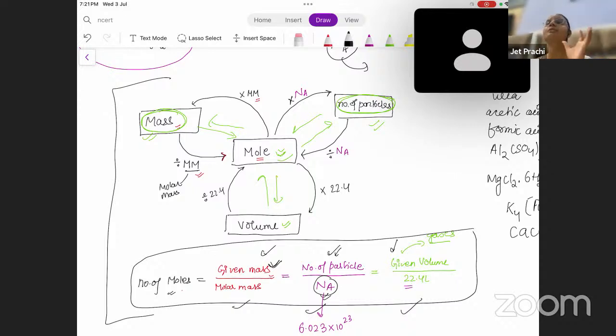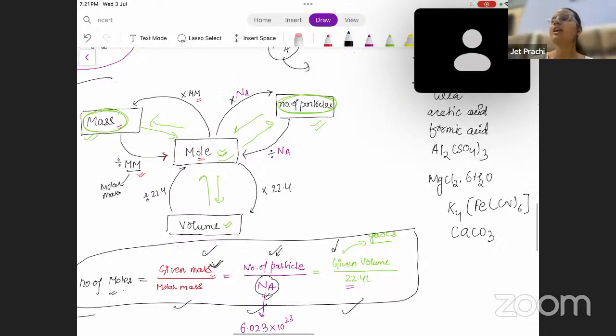At least you must memorize the molar mass of those elements. For example, magnesium, sodium, aluminium, copper, chlorine, bromine, not iodine, fluorine, calcium. It is expected that you should know the molar mass of these elements. So today, go there, learn the molar masses and solve these problems.